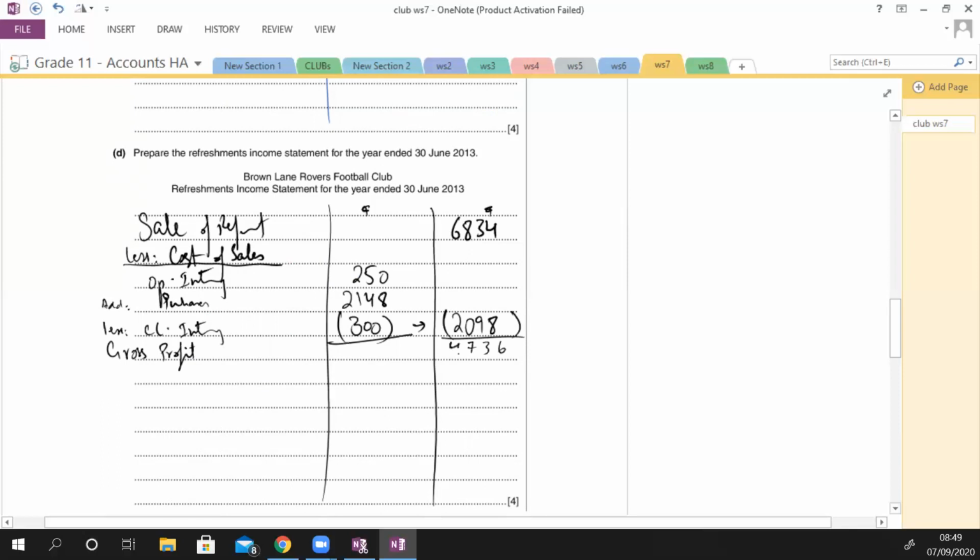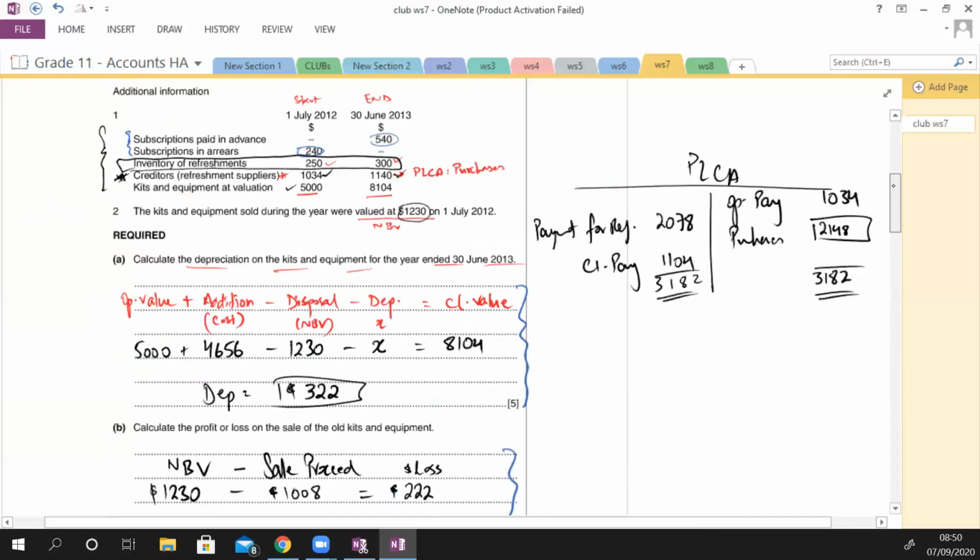Please check the value for gross profit. Is it 4736? Yes, it is.